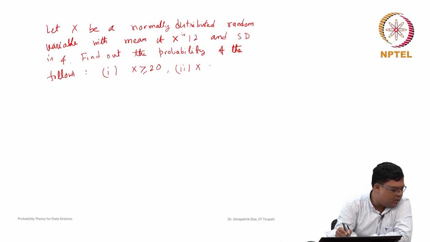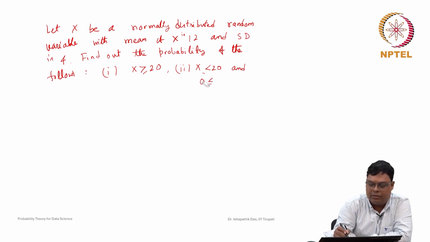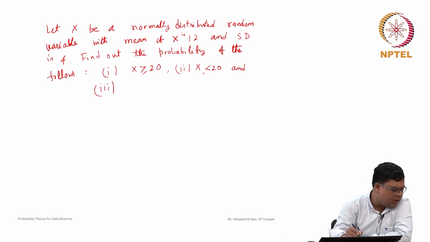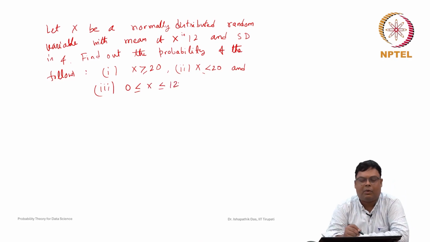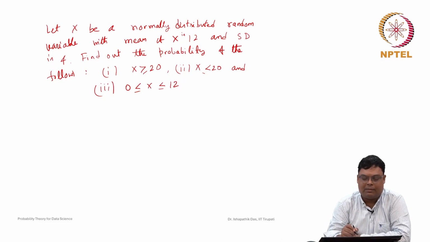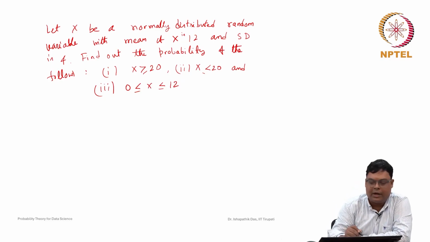Then x is less than or equal to 20, and third, 0 less than or equal to x less than or equal to 12. So, let us find out this probability, and there are some other questions also, we will do that.